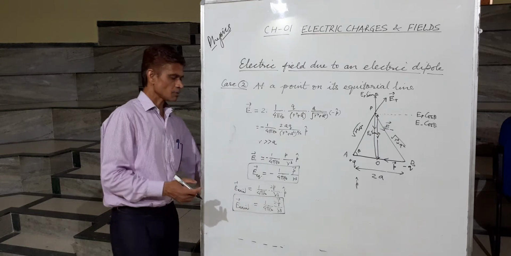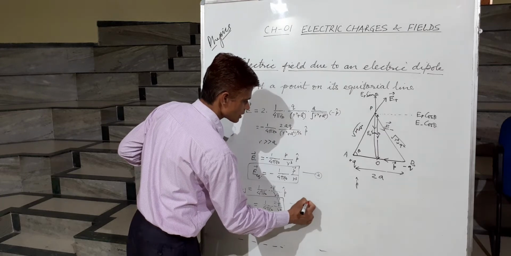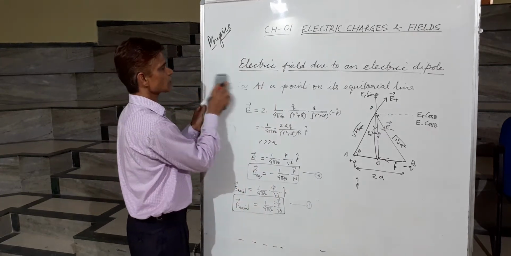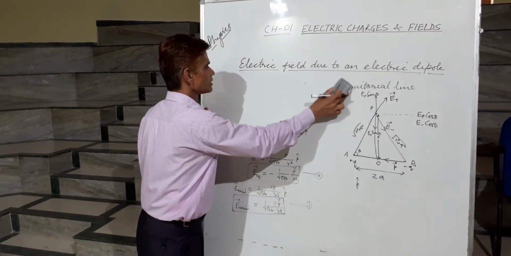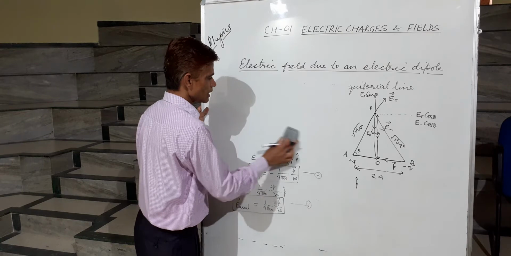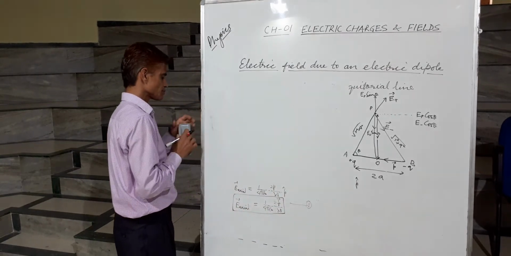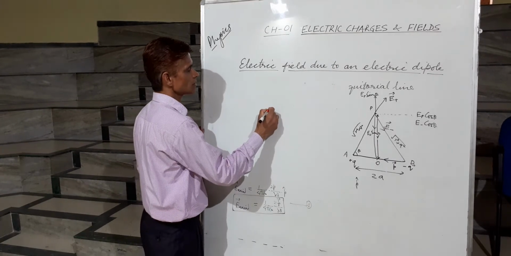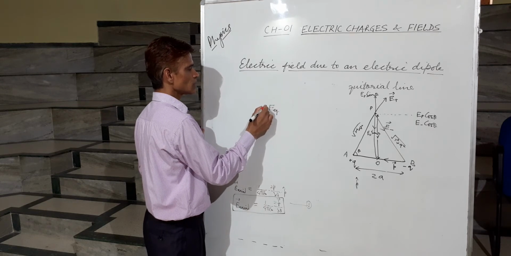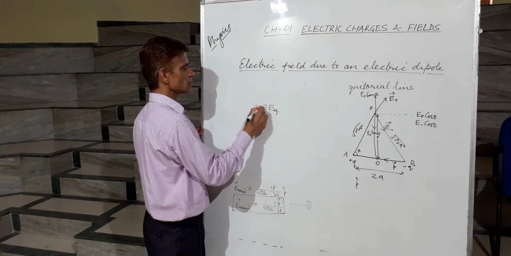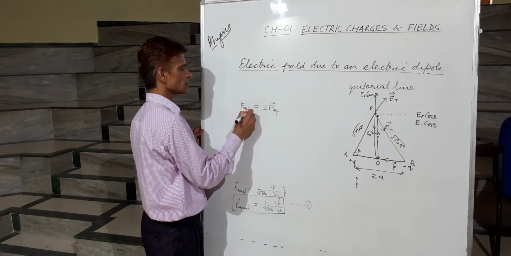Now we observe from equation 2 and equation 1, the already obtained axial field, we compare the two fields. So we find that 2 times the electric field at a point on its equatorial line, that is E equatorial, is equal to E axial.